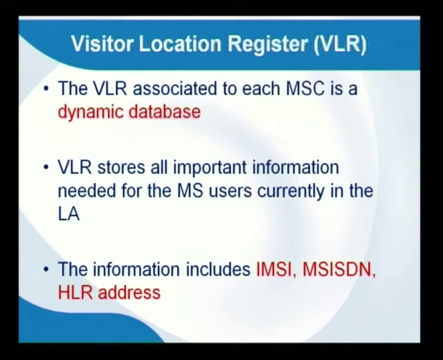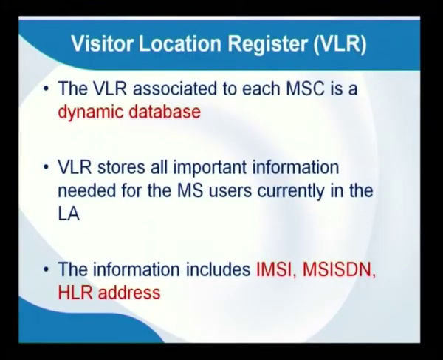The VLR is associated with each MSC, that is, each individual MSC has its own visitor location register. So, n number of users may be entering a particular MSC, and all kinds of users can be recorded in the VLR. The VLR stores all important information needed for the mobile users currently in the location area.